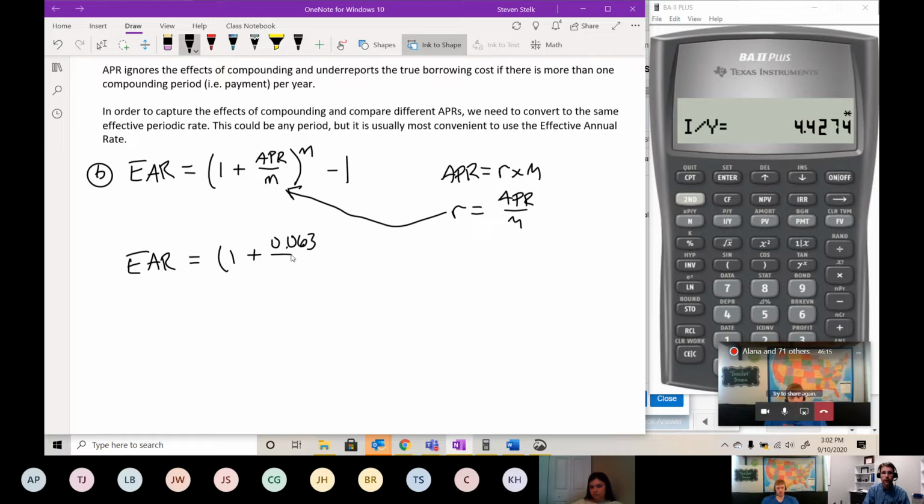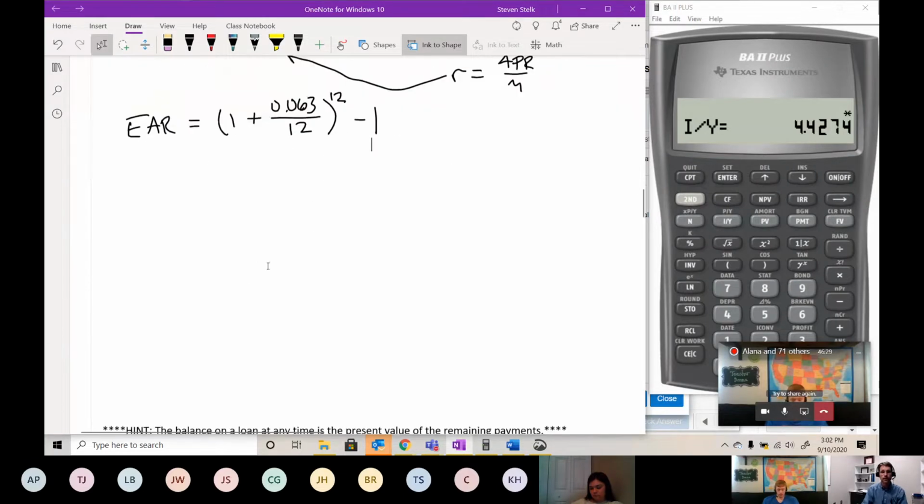Our APR is 6.3%, expressed as a decimal is 0.063. M, our number of compounding periods per year, is 12. So we're going to divide that by 12, raise it to the 12, and then subtract 1 off of it. So EAR is equal to 1 plus, and we already did 0.063 divided by 12 above.